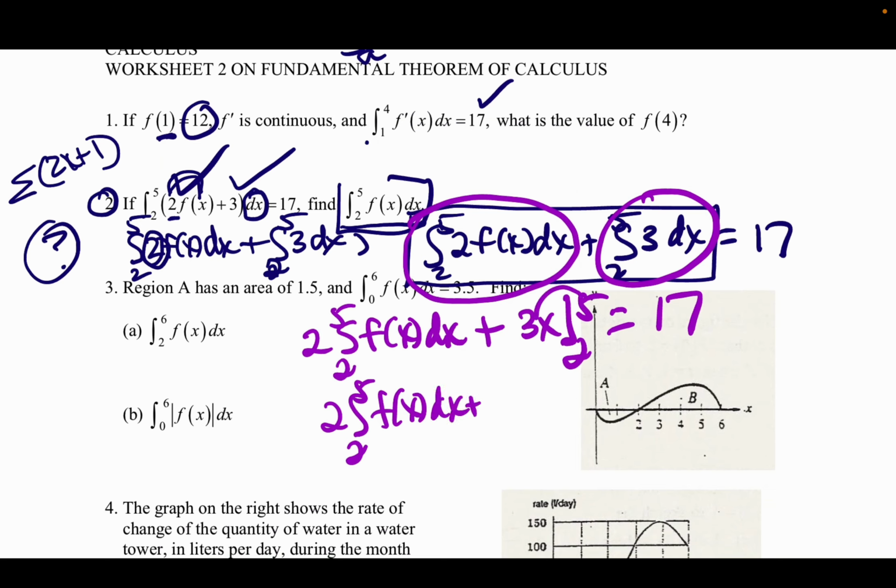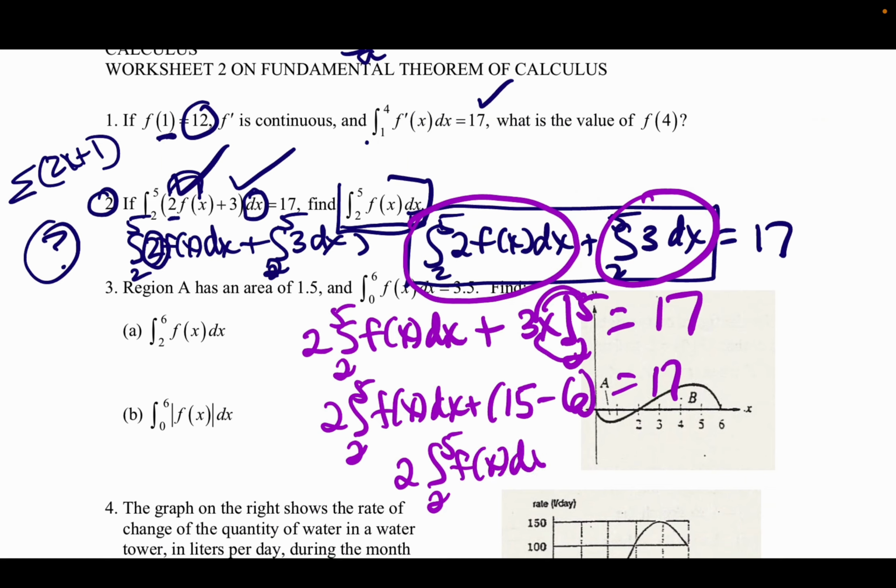This right here is going to give me 15 minus 6. So that whole thing gives me, I'll write it down, 3 times 5 minus 3 times 2 equals 17. So now I have 2 times the integral from 2 to 5 of f of x dx plus 9 equals 17. Keep doing your algebra problem till you've solved for what they want.